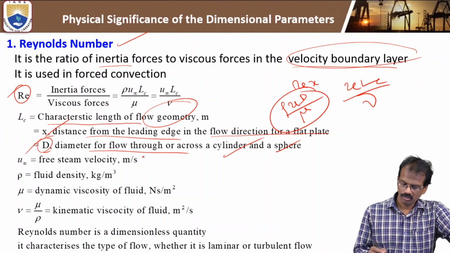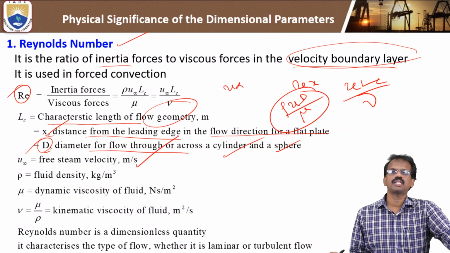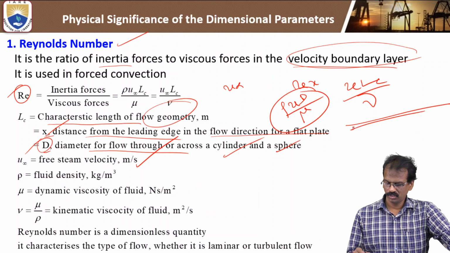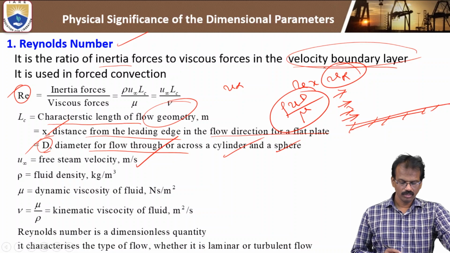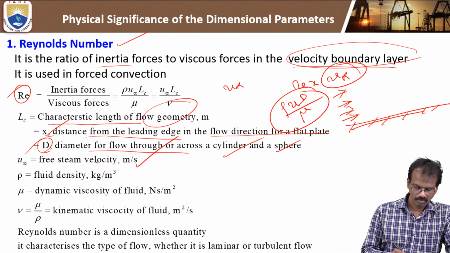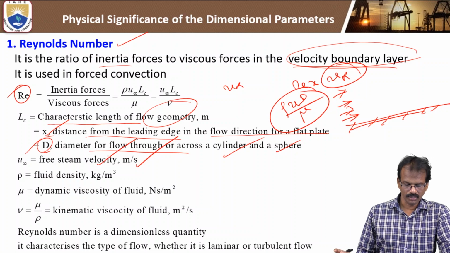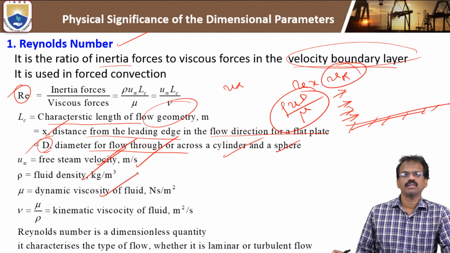Here u infinity is the free stream velocity. Suppose this is the surface and the fluid flows like this; the velocity of the fluid is u infinity. So in forced convection, we consider the velocity of the fluid. u infinity is the free stream velocity, rho is the fluid density, and mu is the dynamic viscosity of the fluid.